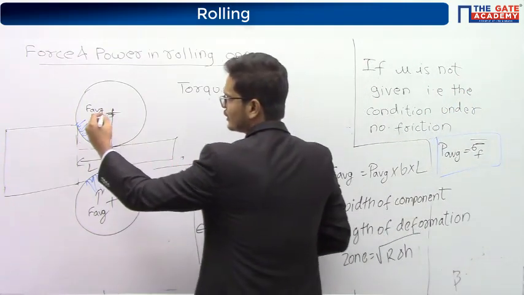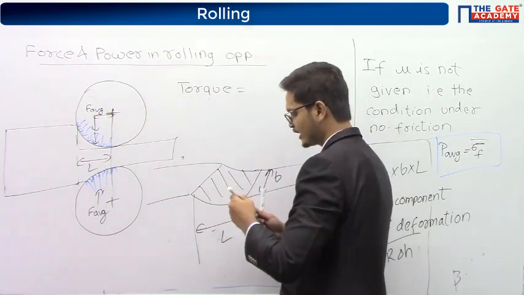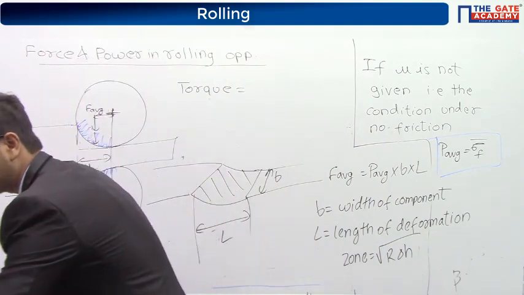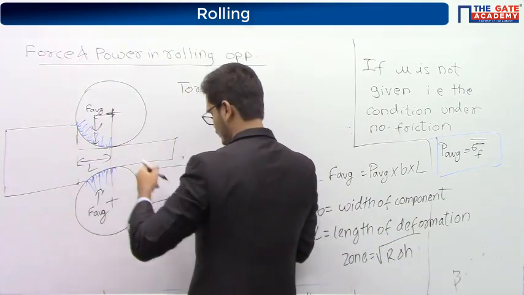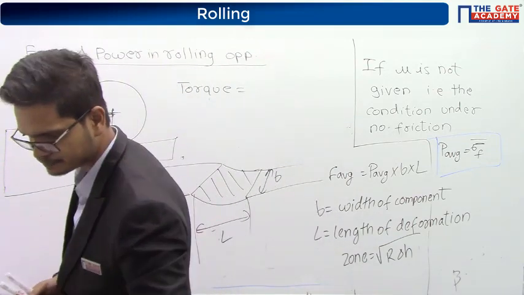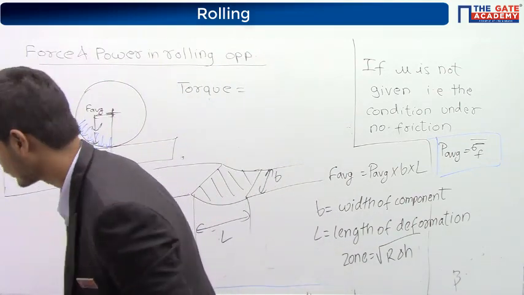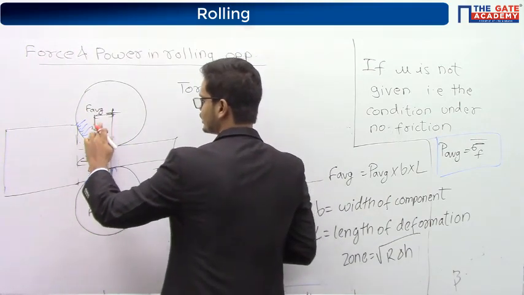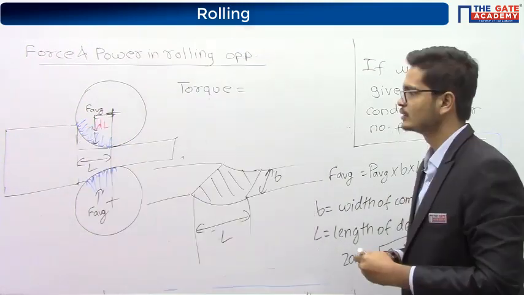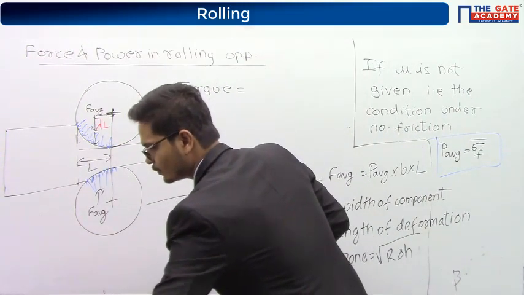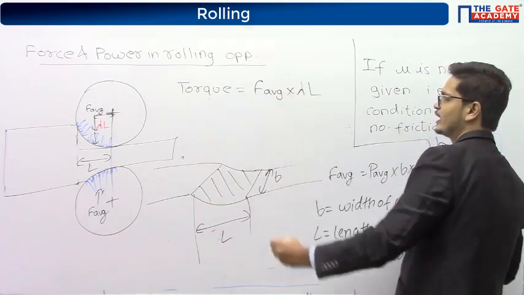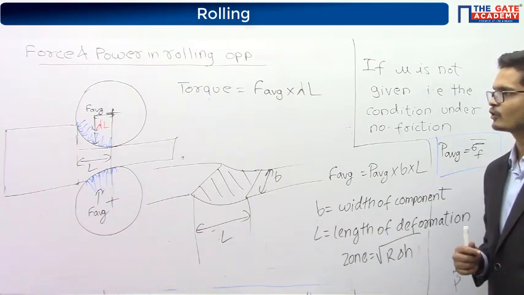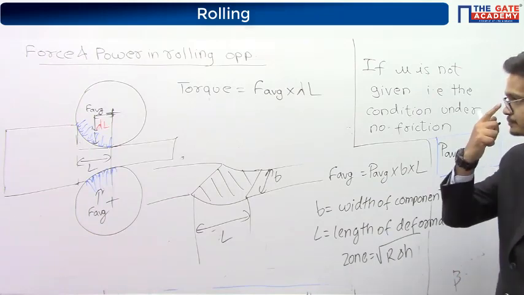Here we have F average, acting at a distance taken as lambda L. Sorry, this is also black pen. So it is acting at a distance of lambda L, and torque becomes equal to F average into lambda L.